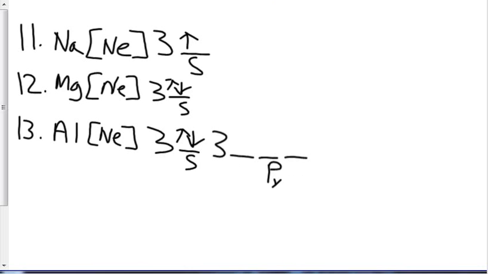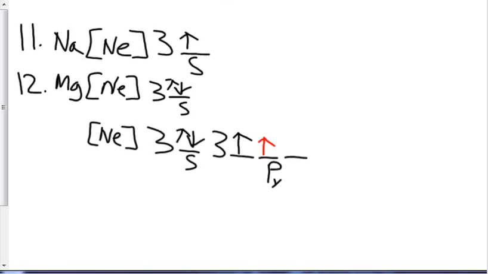And we're going to fill up our first electron, up arrow. Now we can see then, if we're going to continue on, silicon, now's when I do my cheat. I'm going to erase this noise right here. And silicon, atomic number 14, would then have the orientation of this.